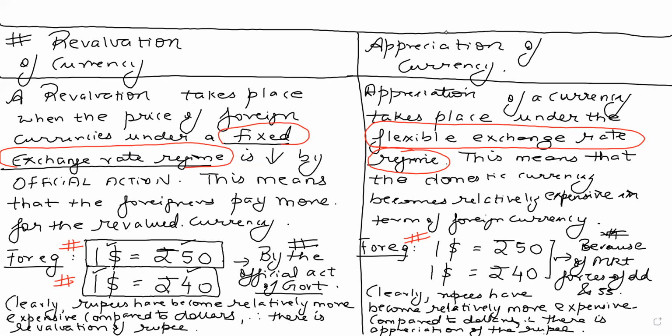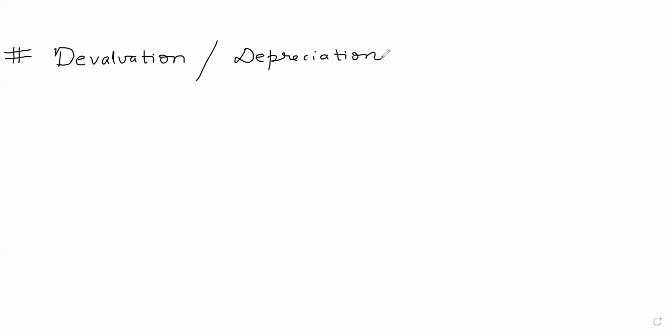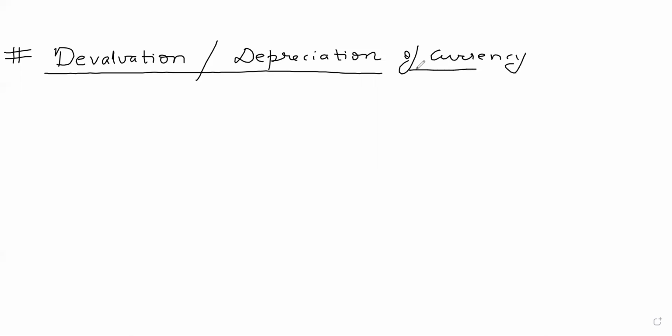Okay, so now if I ask you what is the impact of devaluation or depreciation on exports and imports? So devaluation or depreciation of the currency. You can clearly see the example which I had taken.